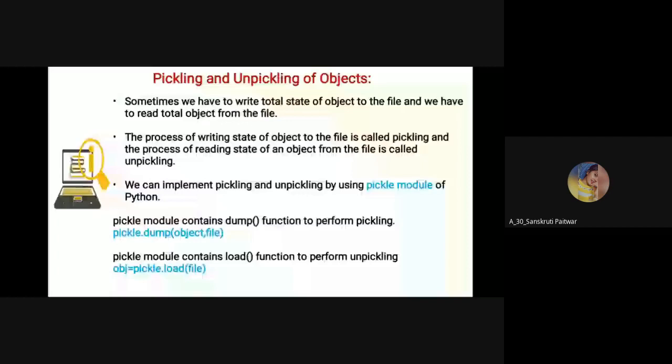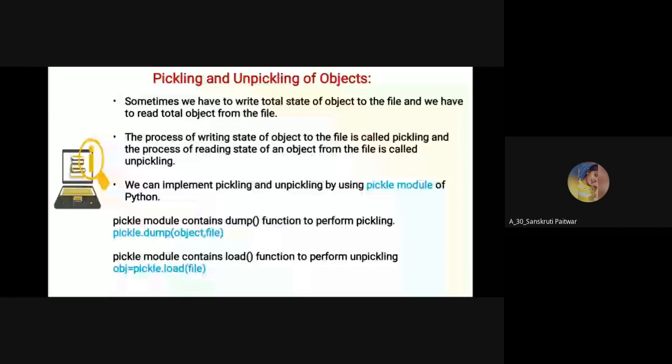If we are creating 100 employee objects, then we have 100 states related to those objects. Writing the state of an object means writing the instance variables of that particular object to a file, which is called serialization or pickling. Listen carefully: writing the state of an object to a file is called serialization or pickling.